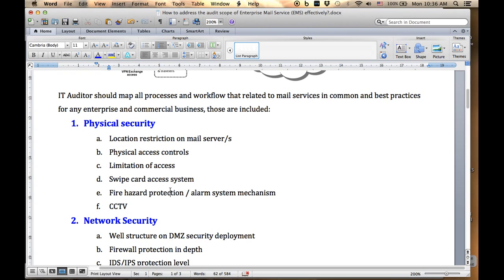The next is fire hazard protection or an alarm system mechanism to protect against environmental risks such as fire. The last one is CCTV. We need to record the location of the server, so the CCTV needs to be reviewed regularly by the authorized custodian.